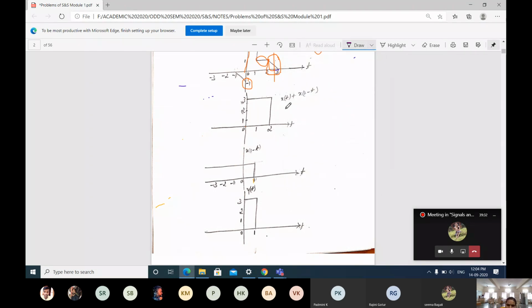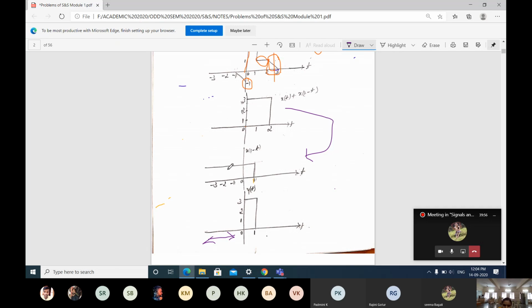Next, we have to multiply these two signals. Just observe here. In the negative values, we don't have any signal, right? This whole is 0. If I multiply by any values, I will be getting 0 only. For that reason, in the negative side, here it is full of 0 only.